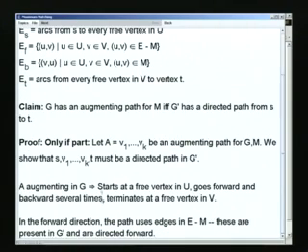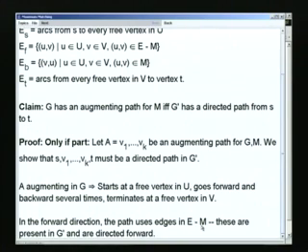Note that in the forward direction, the path uses edges in E minus M. This is inside G. An augmenting path in the forward direction uses edges which are not in the matching. The path is moving forward, but it is using edges which are not in the matching.